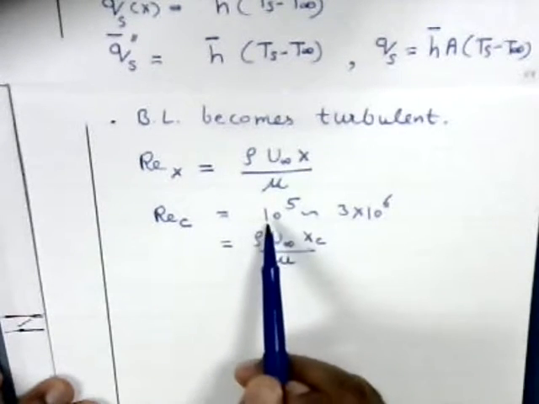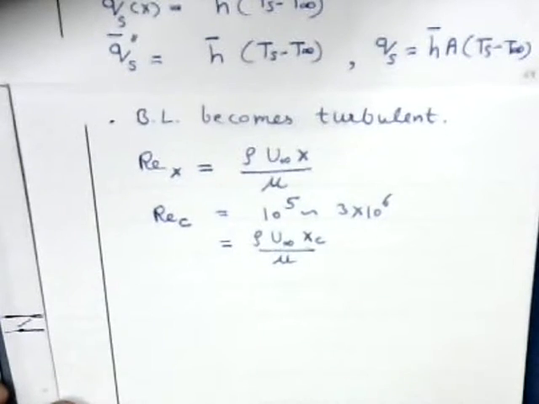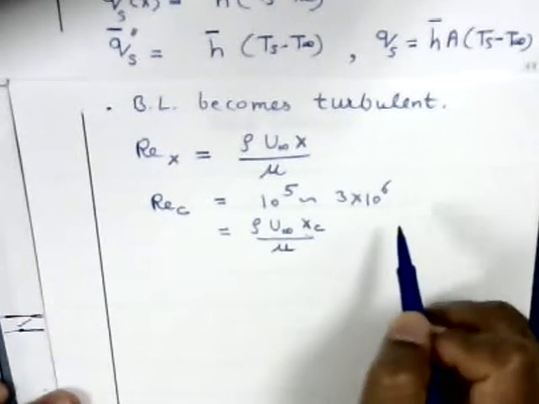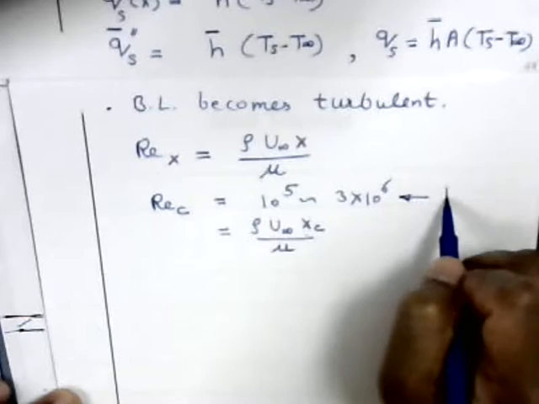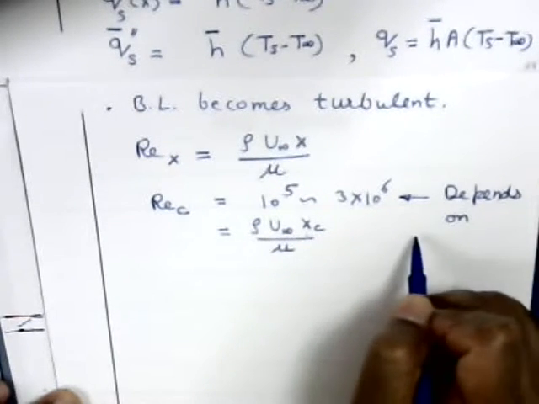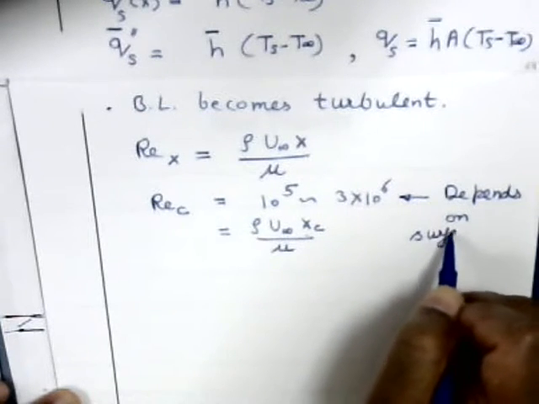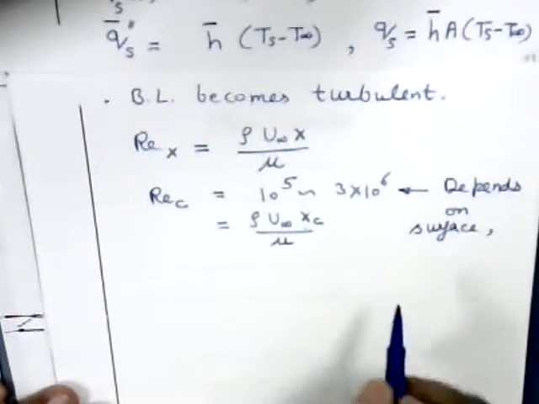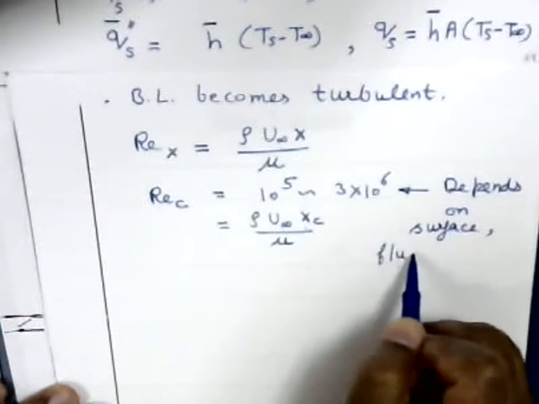And this Reynolds number is in the range of 10 to the power 5 to 3 times 10 to the 6. And it depends on surface roughness and also the fluctuations in the free stream.